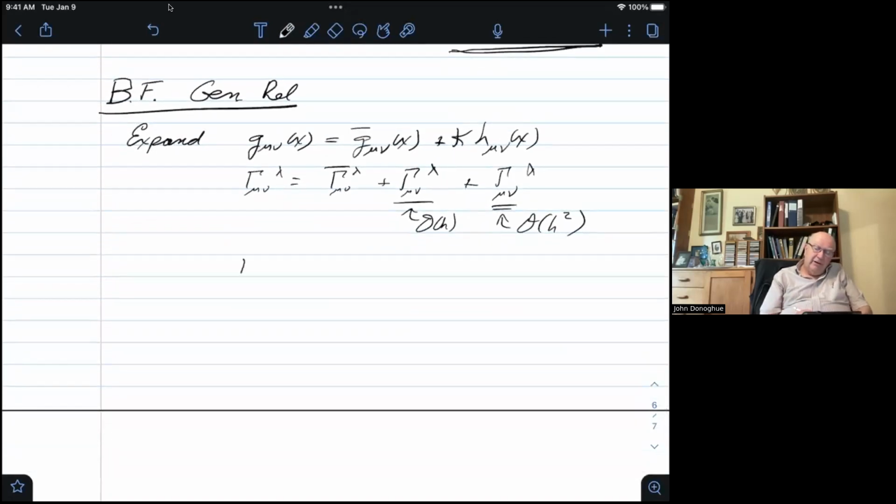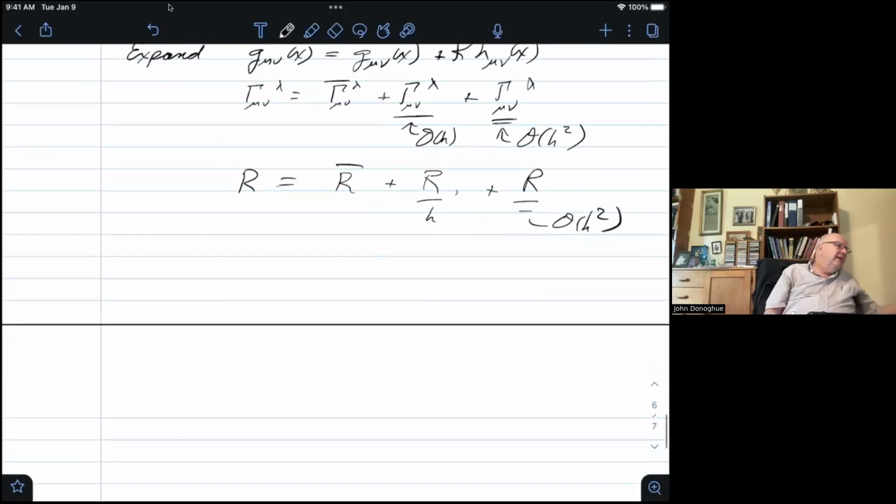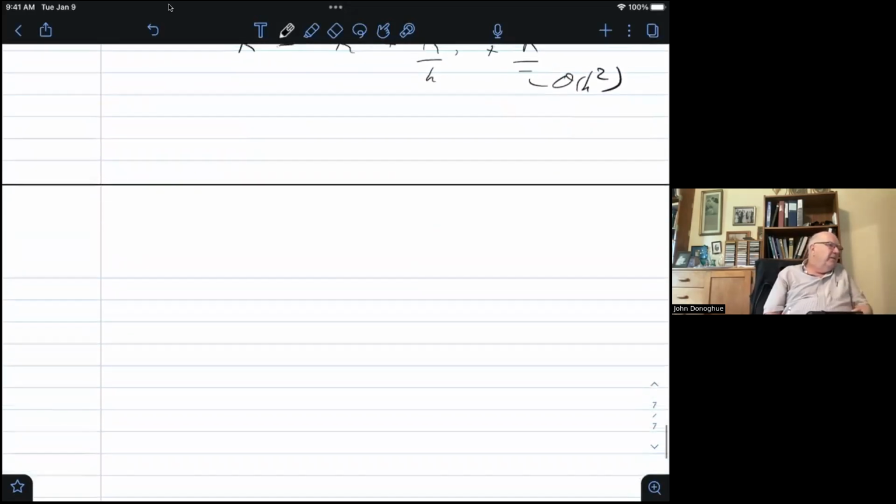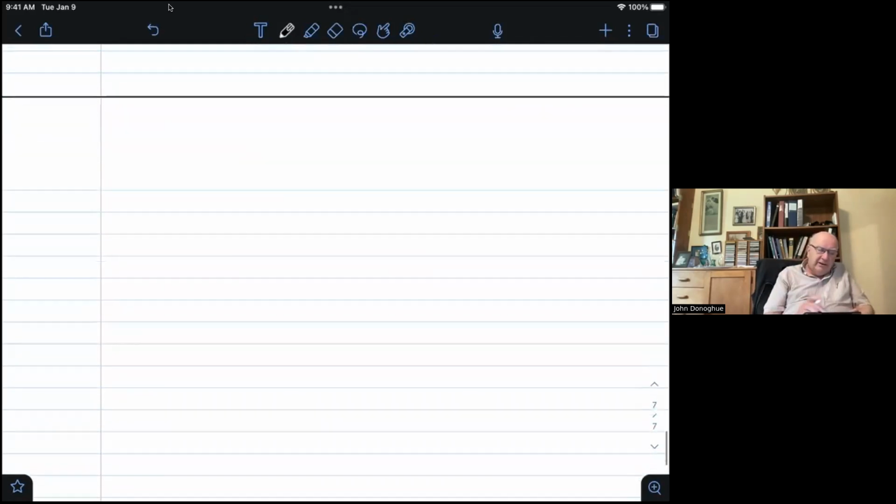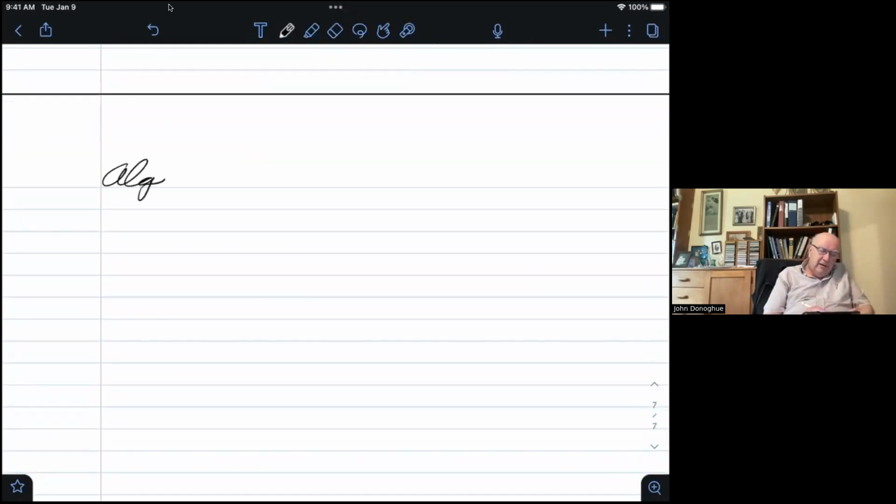Okay, the curvature will be the curvature of the background plus something of order H, something of order H squared. And these are not that hard to do. They're just algebra. I'm not going to do it for you.